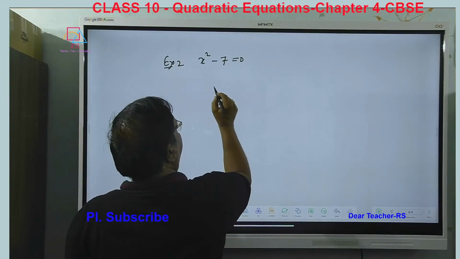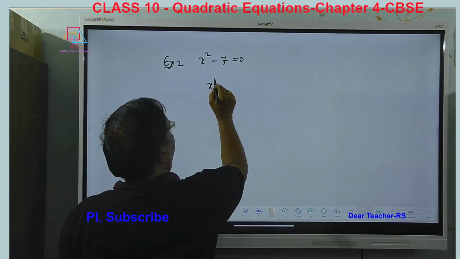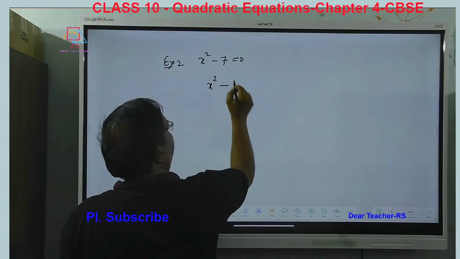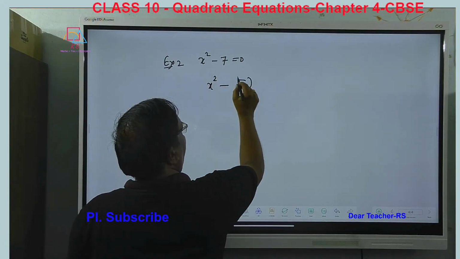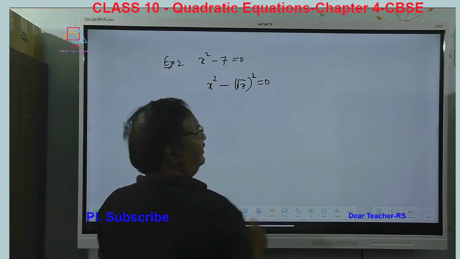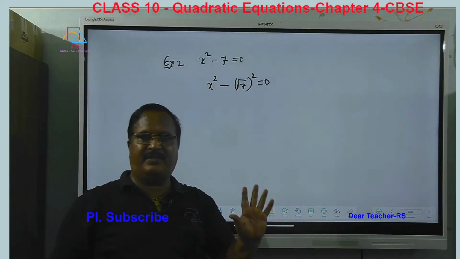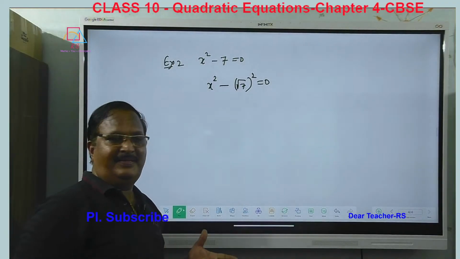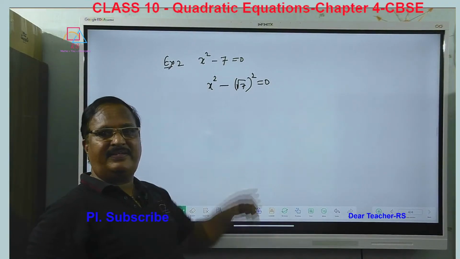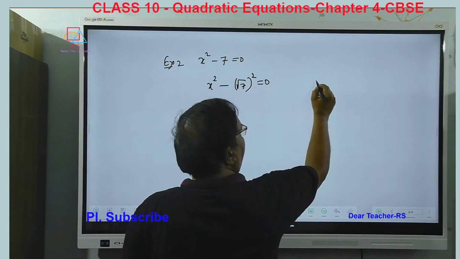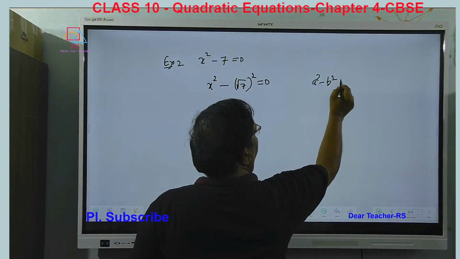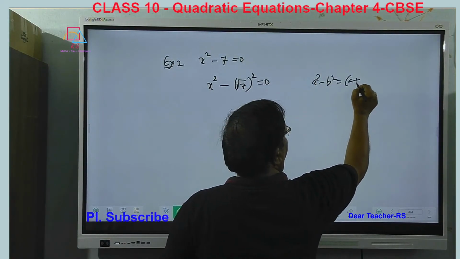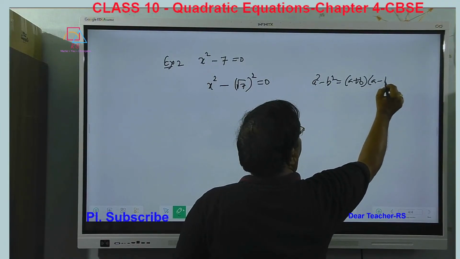So a square I have already written, you can write it as x square, but this 7 we have to write as root 7 whole square. Don't think that 7 is not a perfect square so it is not possible to write it in the form of a square. But you can write root 7 whole square. Now, a square minus b square formula, this is nothing but a plus b into a minus b.